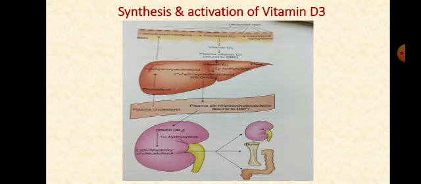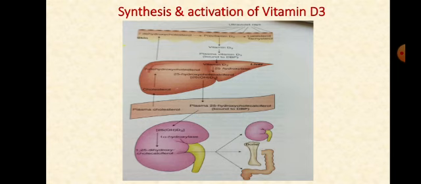Vitamin D3 is basically synthesized from its precursor present in the skin named 7-dehydrocholesterol, which is an intermediary of cholesterol synthesis. From 7-dehydrocholesterol, pre-vitamin D3 is first synthesized by the action of ultraviolet ray acting on the keratinocytes of the skin.